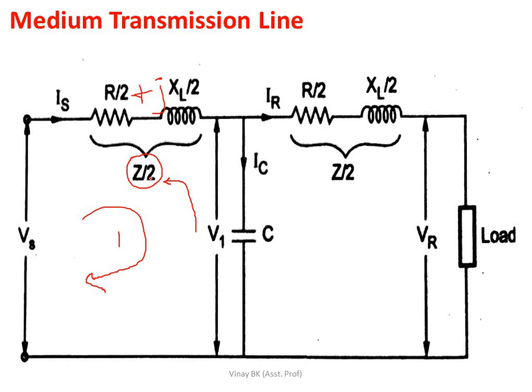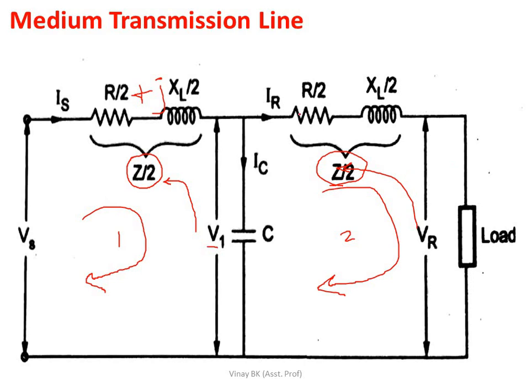Similarly, I can write V1 by applying KVL to loop 2. It's very simple. You can get the expression of V1 as VR plus IR into Z by 2. I'm writing in terms of impedance.